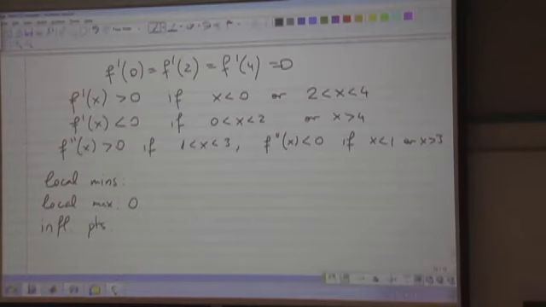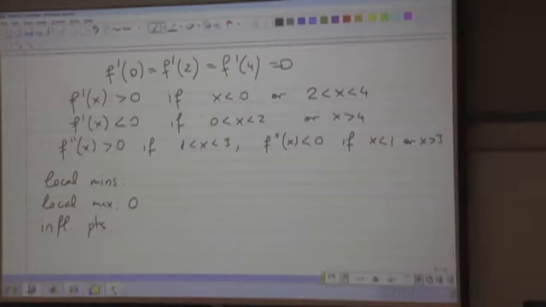Wait, what just happened? At 0, the first derivative changes from positive to negative. Alright, so we're looking at the second one? Yes, second and third. Okay.